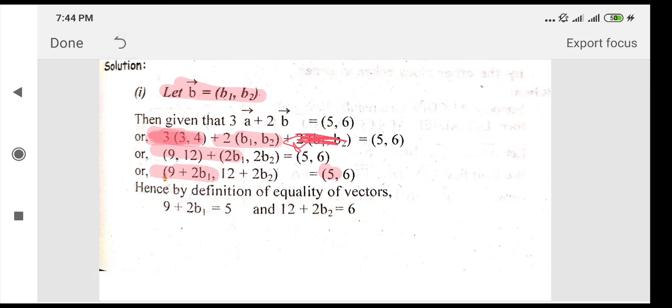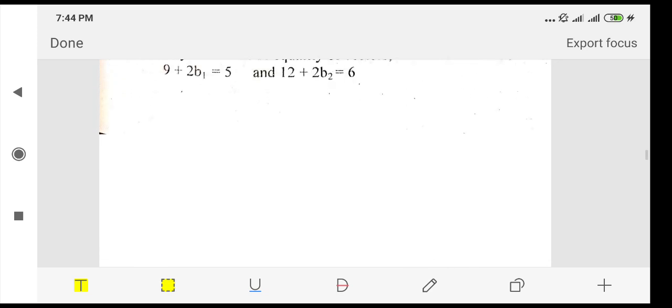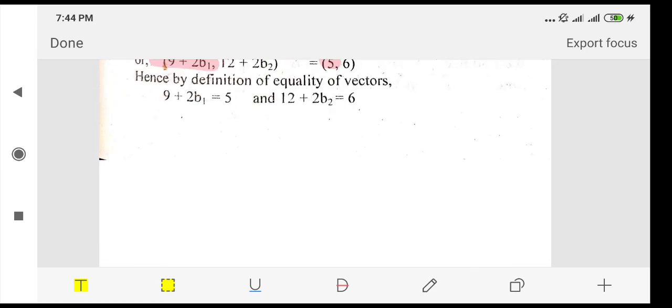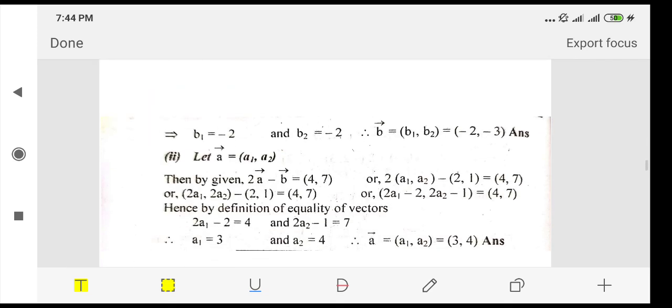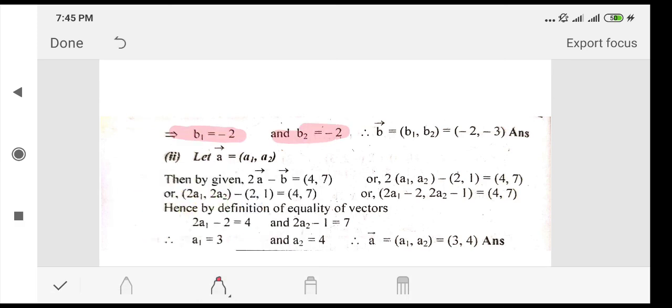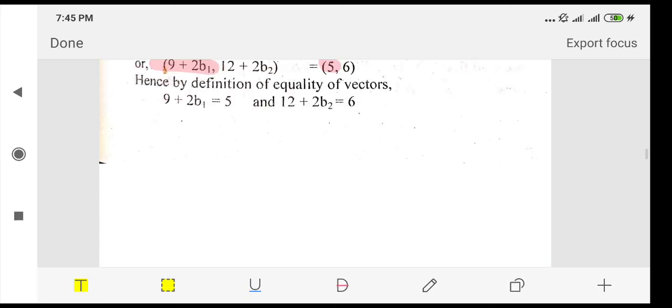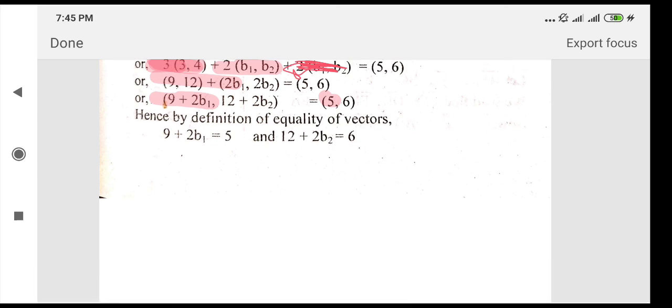Now after equating, from here you can easily calculate b1 and b2 by simple algebraic operations. So b1 will be equal to -2 and b2 will also be equal to -2. So vector B will be (b1, b2), that is equal to -2, sorry, let me check once again. I think b2 will be -3. Let's check once.